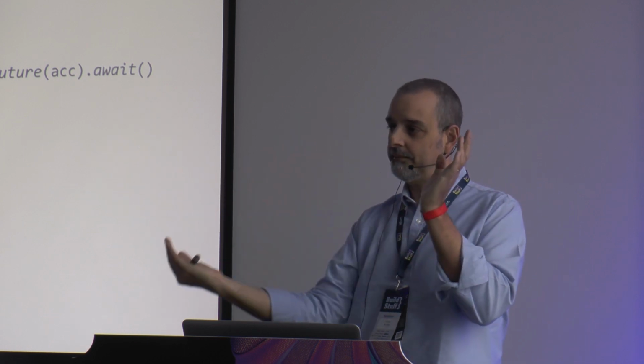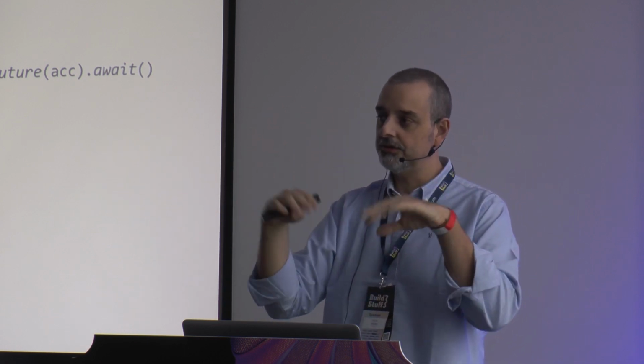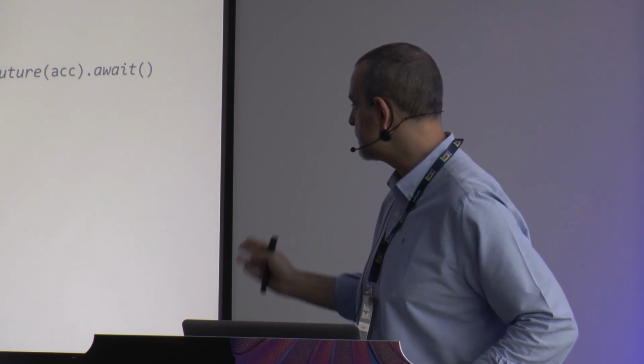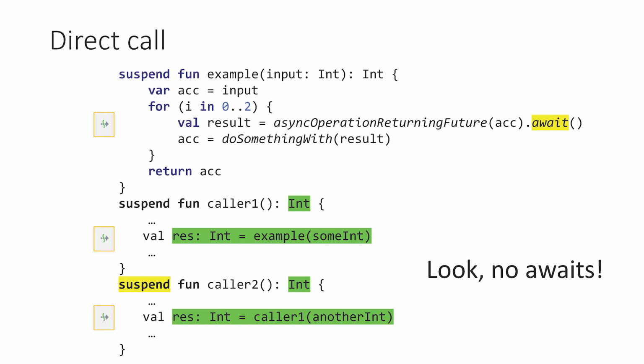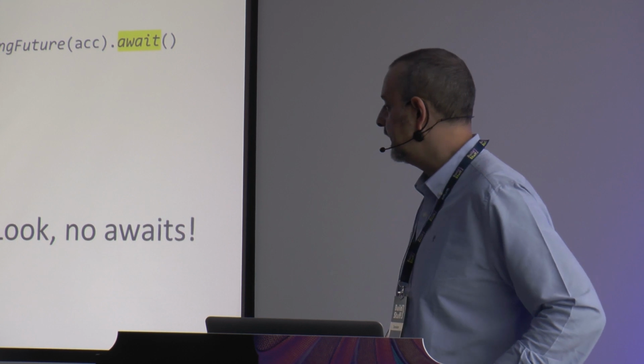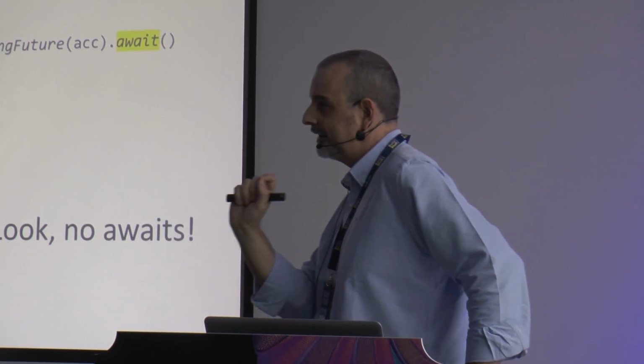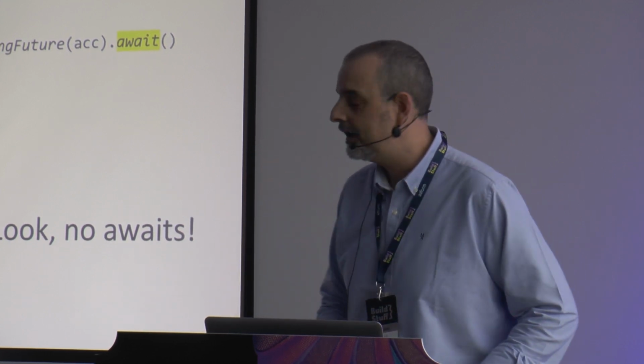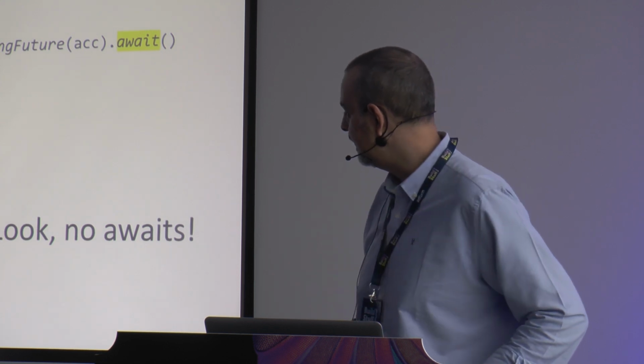When I bring that code inside coroutines, I don't use await anymore. So just regular code. If I have a caller2 that calls caller1, that calls example, I don't have to use any await. There is a slight catch here, but I will talk about it afterwards.